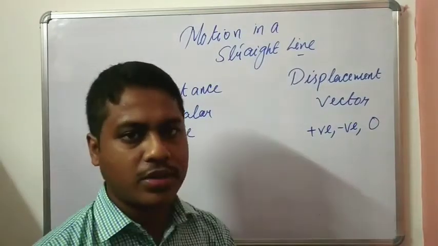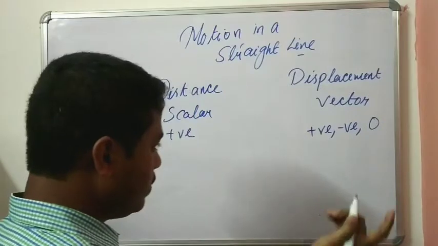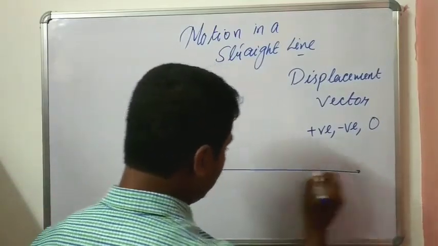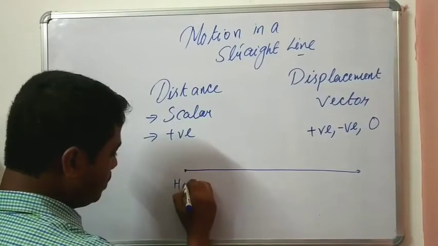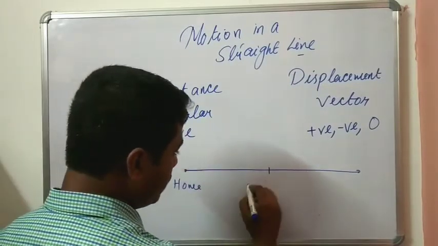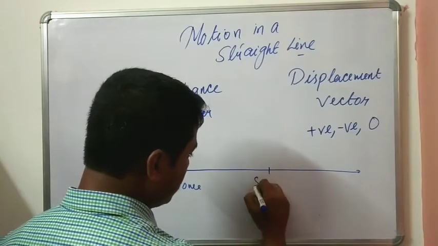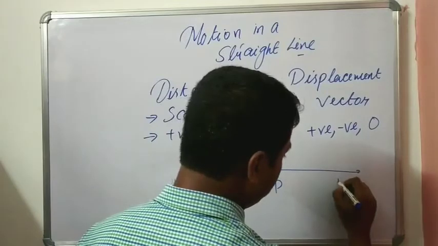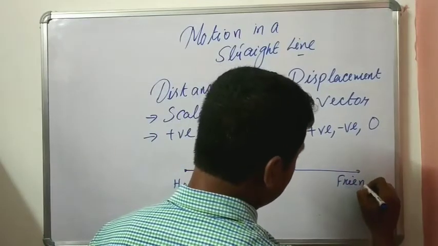If I take a certain situation, if you remember, we have an example in class 9. Suppose this is your home, this is a market, or suppose a shop here, and this is your friend's home.